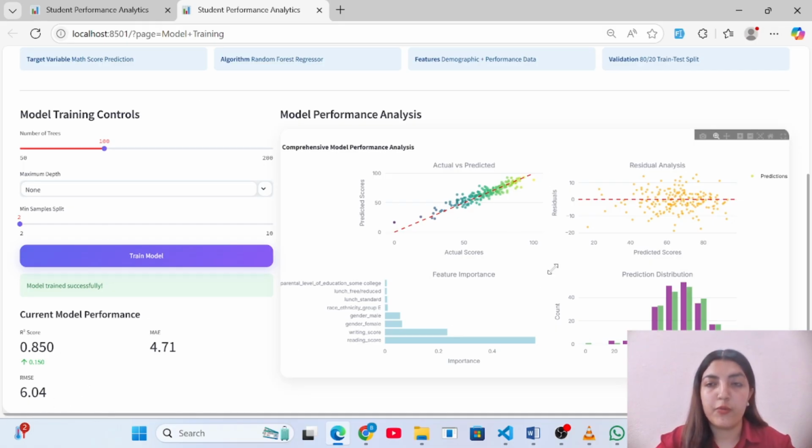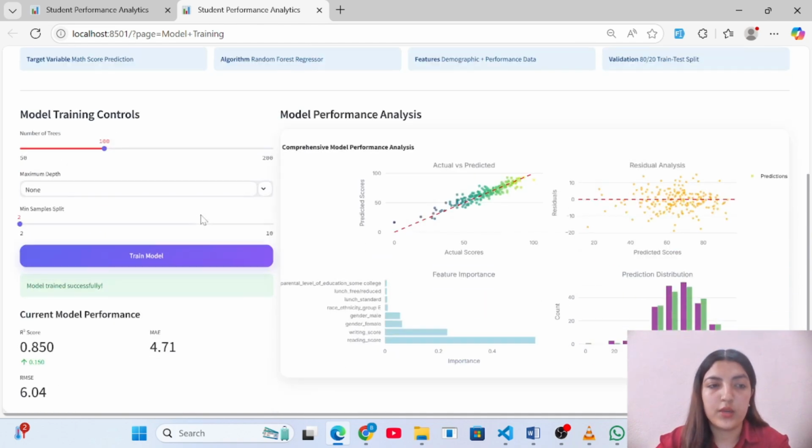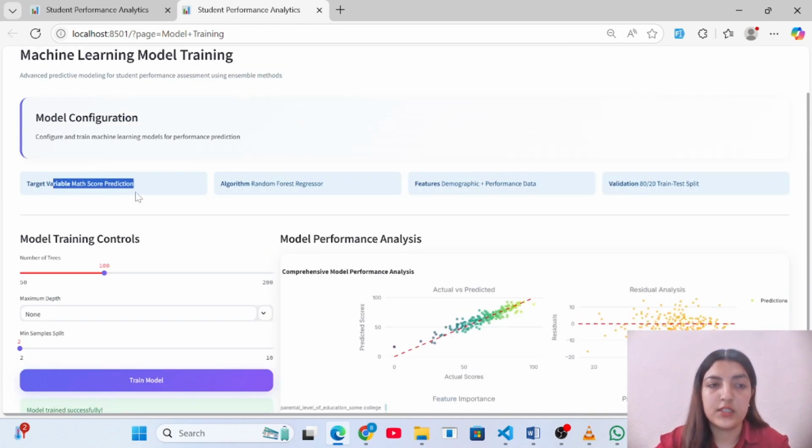Overall model performance is very good, and I have used the random forest regression algorithm. The main purpose of this thesis is to predict the student math score compared with the other scores. Here you can see I have set the target variable as the math score prediction.